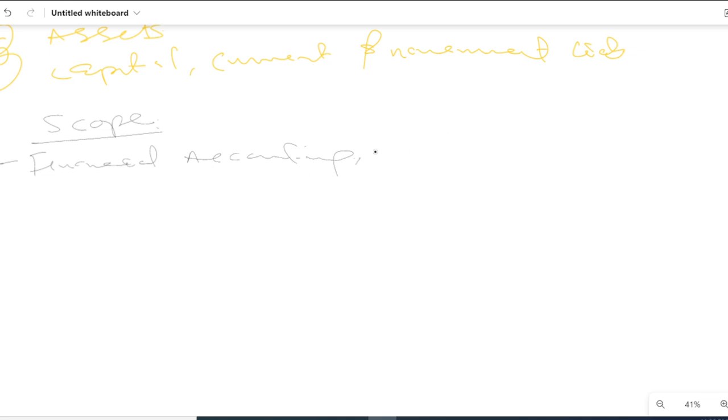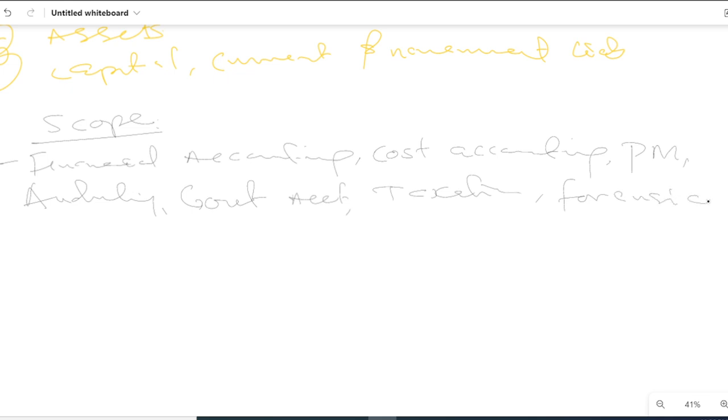We have cost accounting, performance management, we have auditing, we have government accounting, we have taxation, we have forensic accounting, we have environmental accounting, etc. So these are some of the scope of accounting.